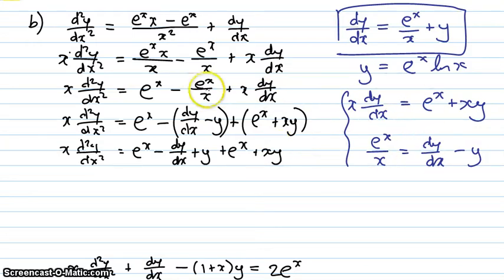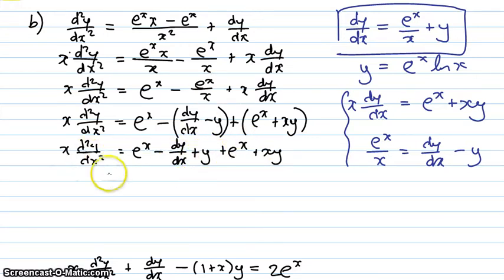I'm doing this because I needed a dy by dx to get the minus dy by dx to get this plus dy by dx here, and I can get it by getting rid of this e to the x over x. I also see that I don't have any x dy by dx appearing in my final answer, so again I want to eliminate it by using this expression over here. So that was my thinking originally, but it's going to turn out quite nice now, I can see.